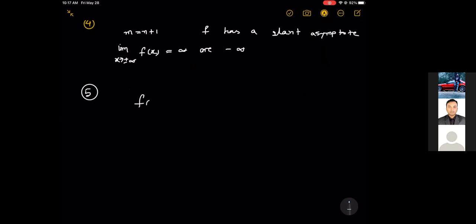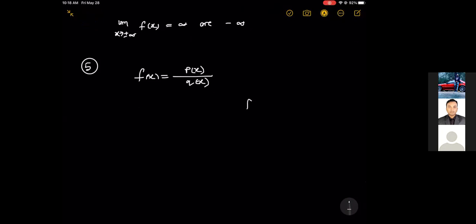Whenever we have a function like this, p of x over q of x, in the reduced format, what do I mean by the reduced format? Let's see. Let's say we have x cubed plus x over x to the 4th plus x.